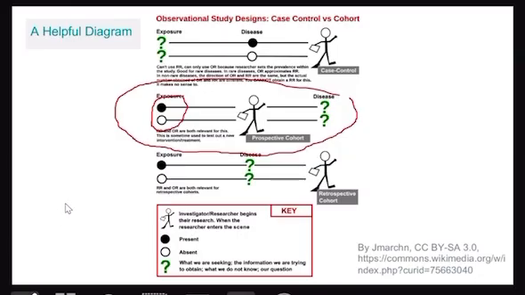Now, for the measure of association, both relative risk and odds ratio can be used in this regard.